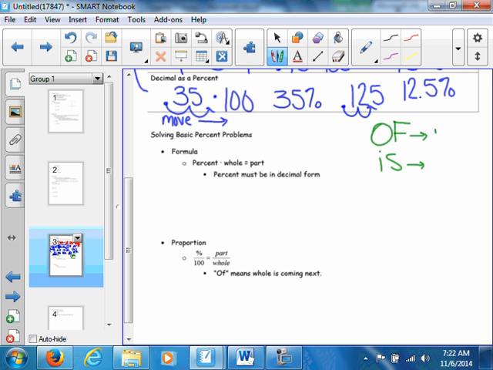Of represents multiply, and is represents that it's equal. So if you look at the very top where it says a percent of a whole is a part, a percent multiplied by the whole equals the part.